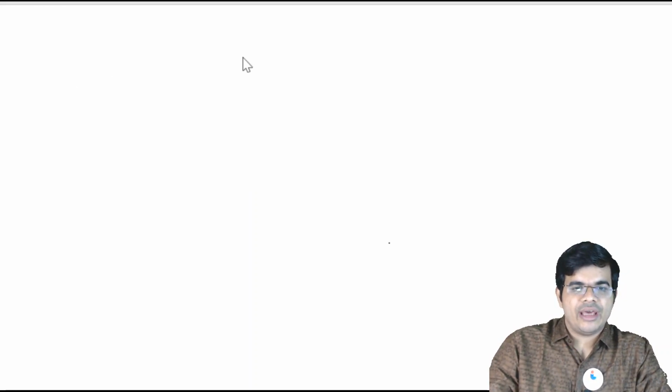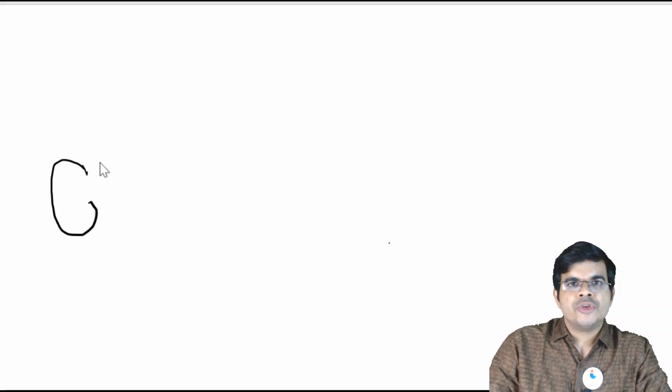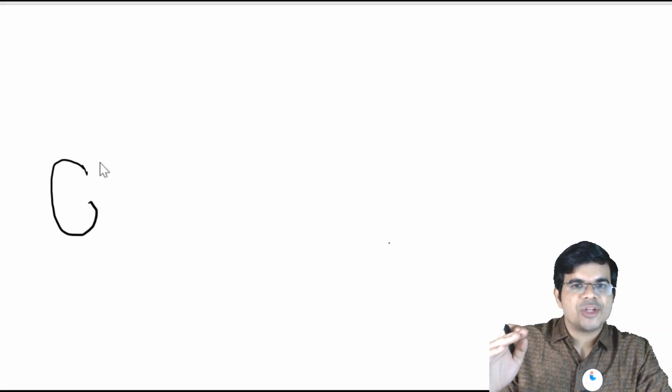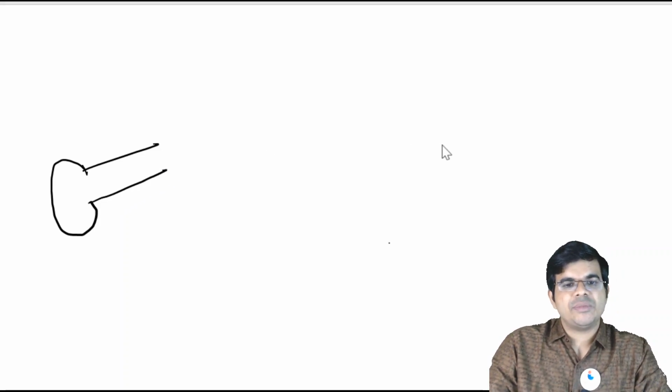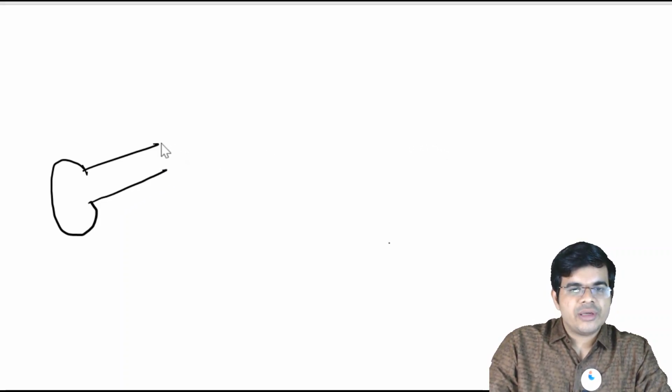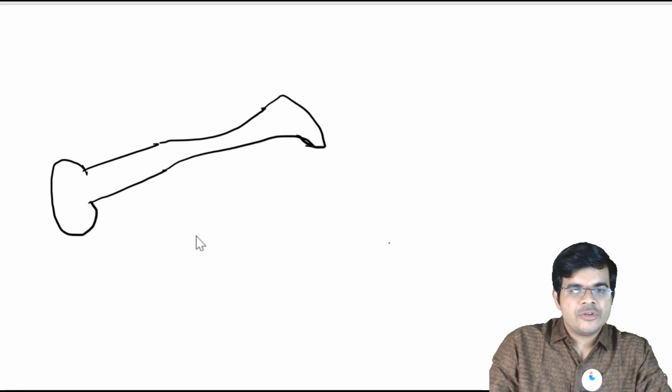Okay, now that you have learned about the anatomy of pinna, let me come to the anatomy of external auditory canal. Okay, pinna, as I already told you, consists of the fibrocartilaginous framework, isn't it? So the cartilage of the pinna continues as the cartilaginous part of external auditory canal, which is 8 mm in length, and then it forms the bony canal, which is 16 mm in length, to form the total length of external auditory canal as 24 mm.